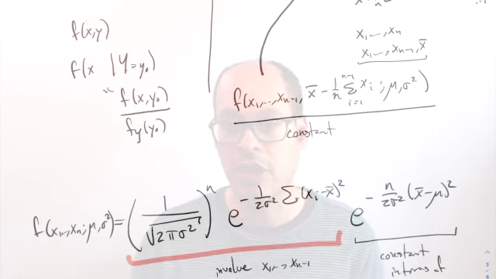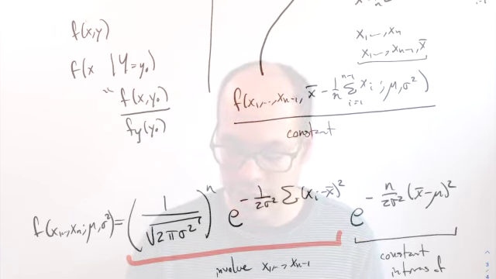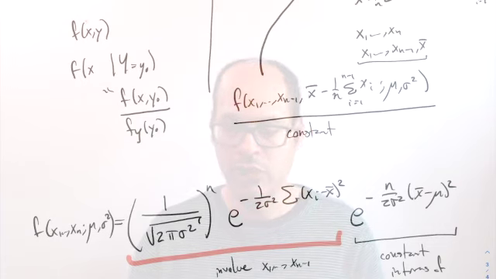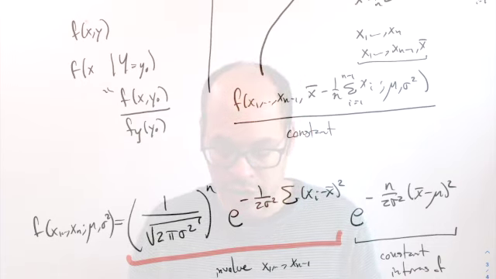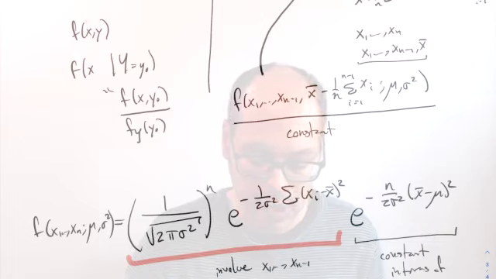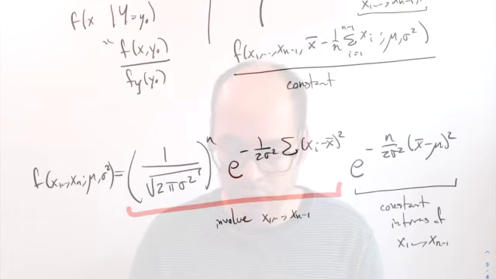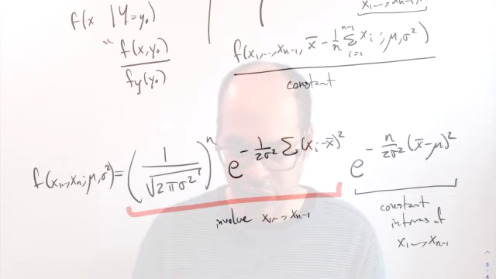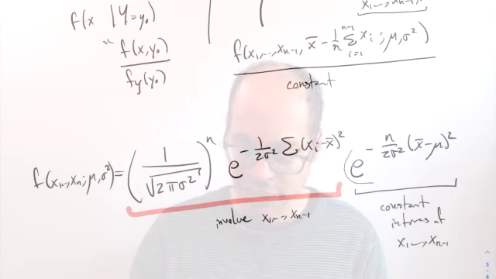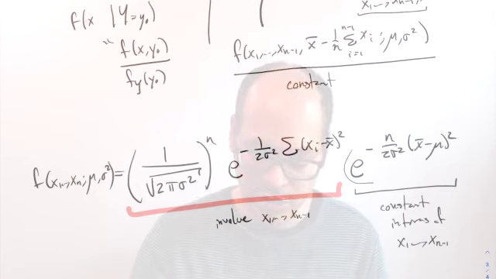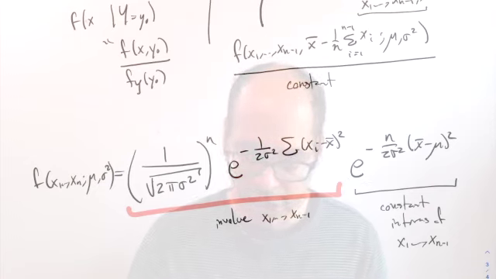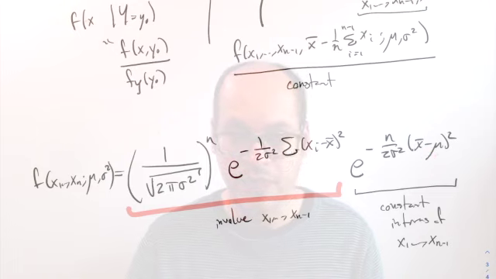I'm going to take this thing and I'm going to normalize it so that the final integral is actually equal to 1. But what does that mean? That means that this scale factor, the new scale factor, when I replace that, isn't going to depend on mu.